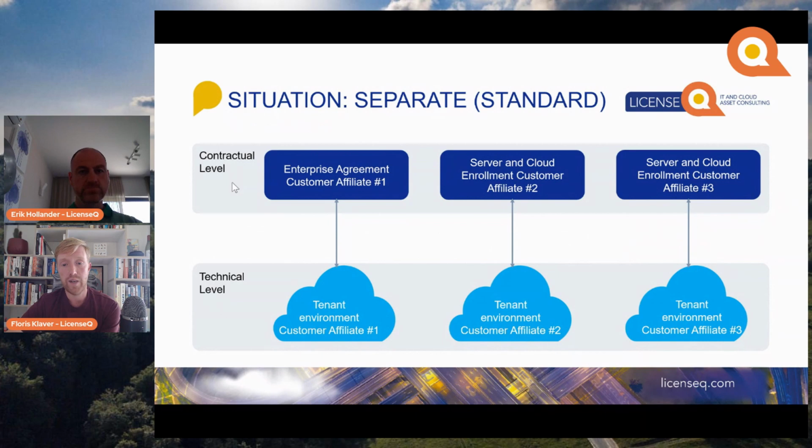Basically, if you have all kinds of different affiliates that want to use Azure in their own technical environment, everybody can sign up to their own enrollment, which is the top layer, the contractual level, and then sign up to their own Azure environment or tenant environment or technical environment. Linked to that contract, they start consuming and get invoiced either month over month, or have some sort of Azure commitment, like a prepayment or a consumption commitment, that they are going to consume against.